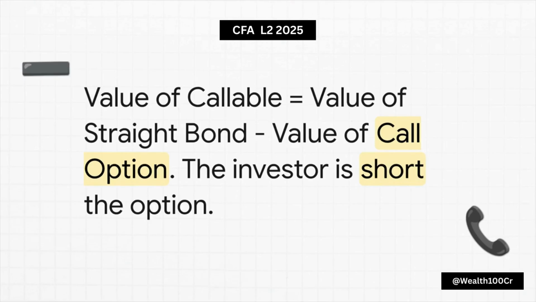A callable bond isn't just a bond. It's two things. It's a regular straight bond minus a call option that you, the investor, have sold to the company that issued the bond. You've basically handed the issuer a get-out-of-jail-free card they can use if rates fall. And because you gave them that valuable option, the bond has to be cheaper for you.